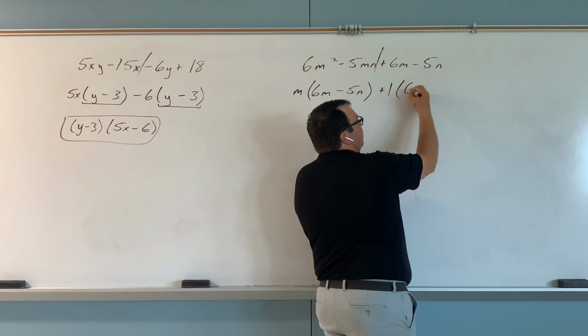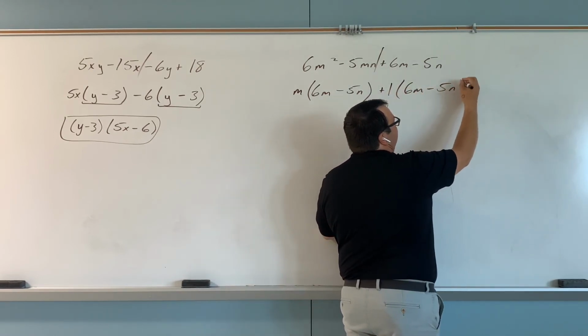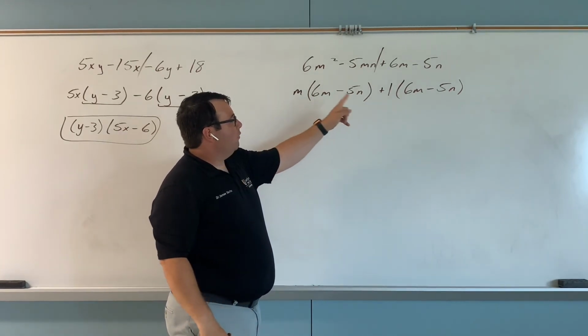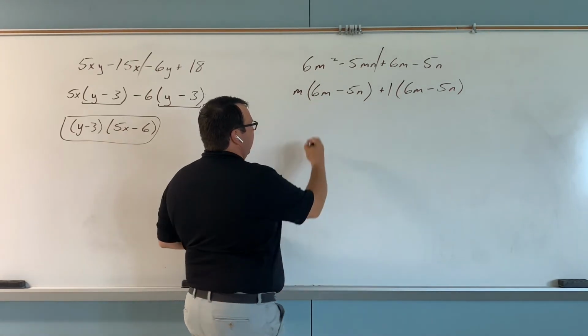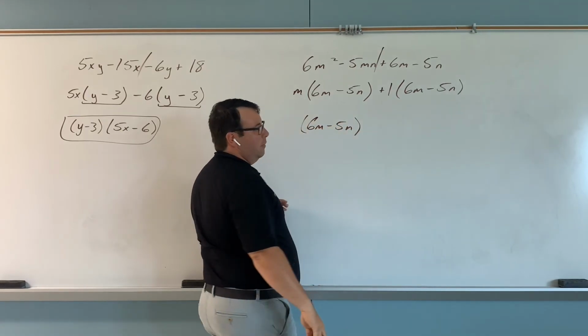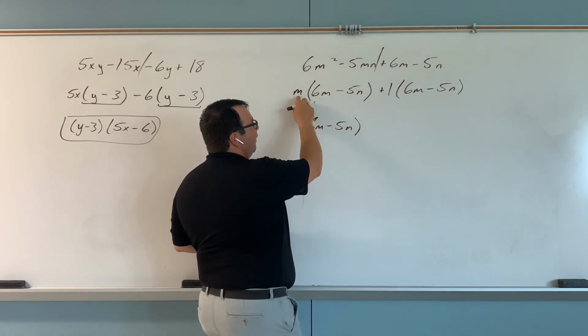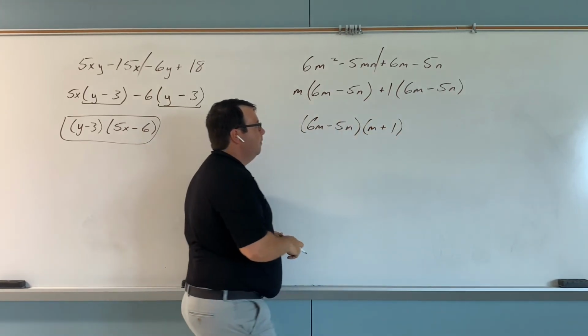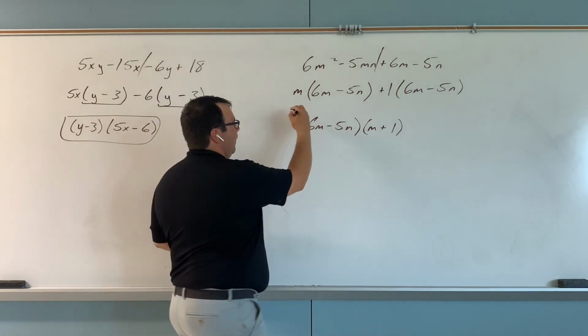That leaves me 6m minus 5n, because nothing has changed. Comparing my two binomials that I've pulled out, I have 6m minus 5n, which is exactly the same, so I can pull it out. I'm left with m plus 1. And that is it.